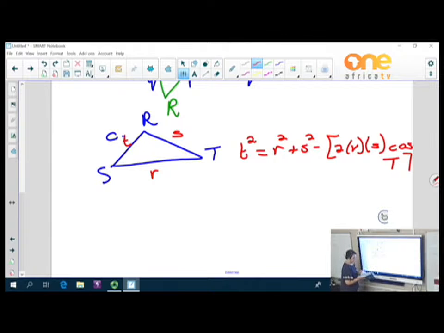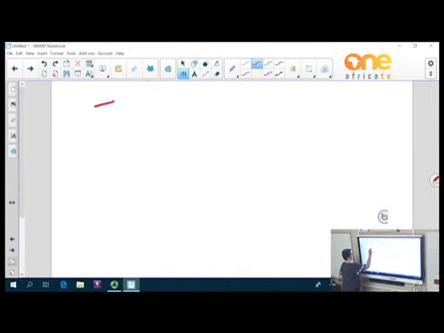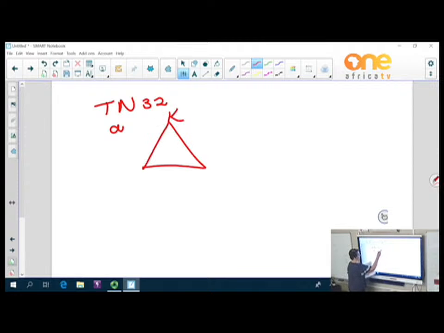Right, now we're looking at Try Now 32. We'll have to make the sketches. There are no sketches there, and you won't understand if you don't sketch it. So the first one there, we've got that triangle KMR.